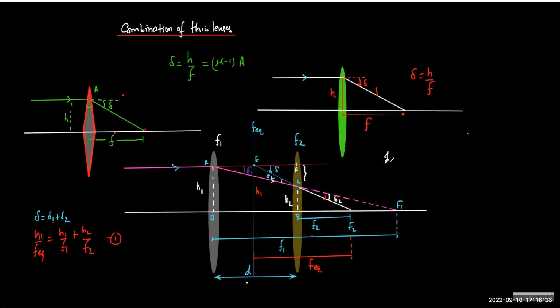In triangle AFC, can we write delta 1 equals FC upon D, like the tan theta formula? And FC we can write as H1 minus H2.